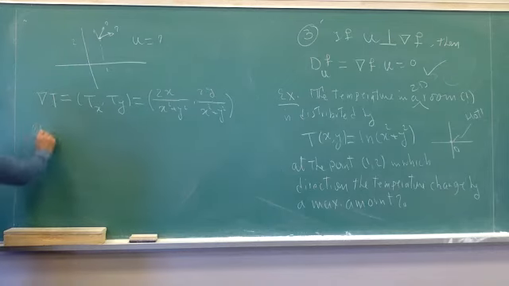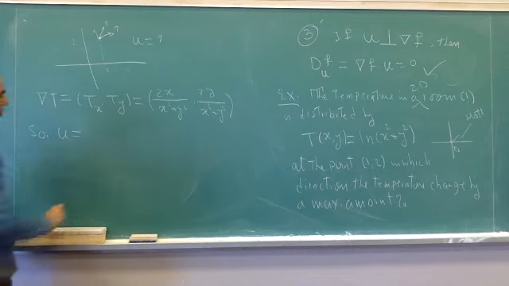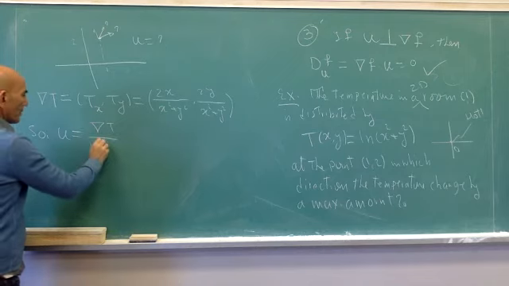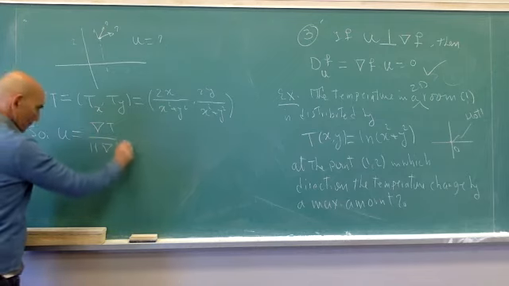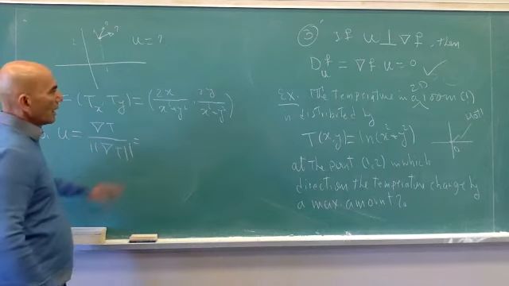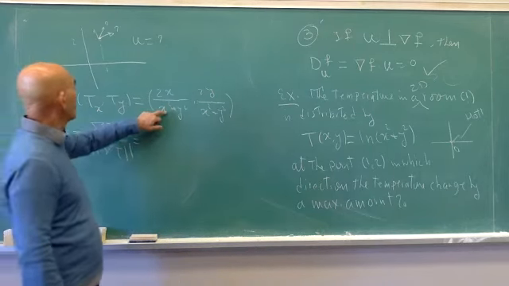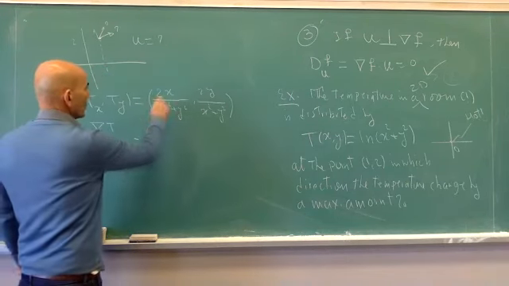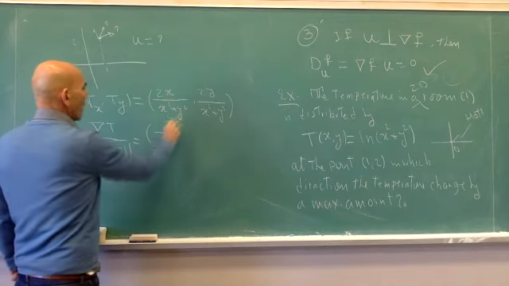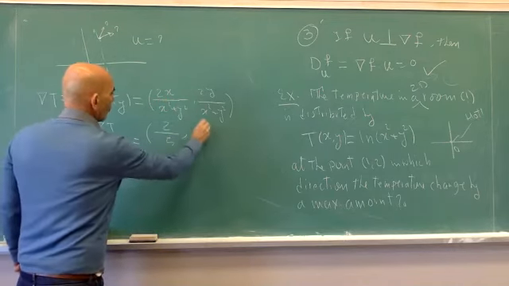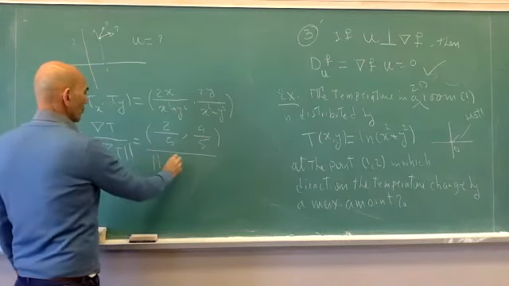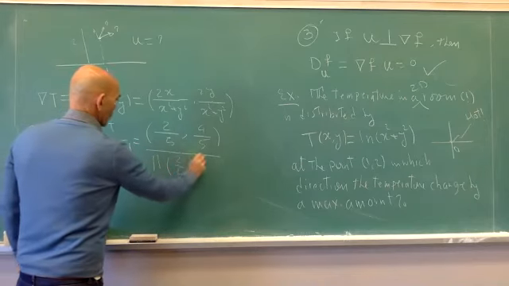So u has got to be equal to the gradient of T divided by the length of the gradient of T. If you compute this vector at the point (1, 2), you're going to get this vector: 2 over 5, 4 over 5, divided by the length of this vector, 2 over 5, 4 over 5.